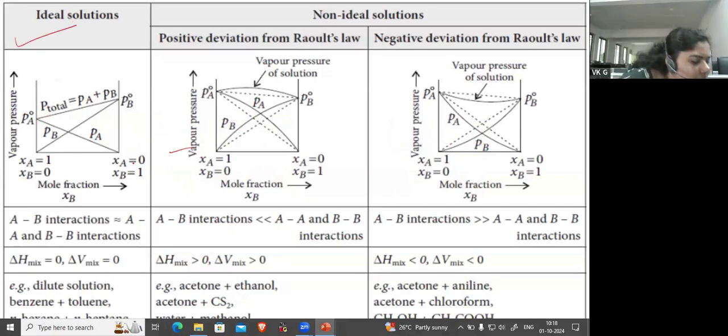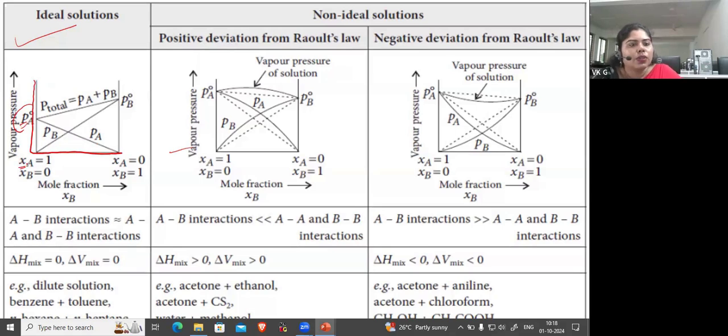Okay. Yes. So if you talk about this, let us identify what exactly the plots we have to put up. So in the y-axis, and this is the x-axis. Okay. Here you have mole fraction and here you have vapor pressure. Imagine.